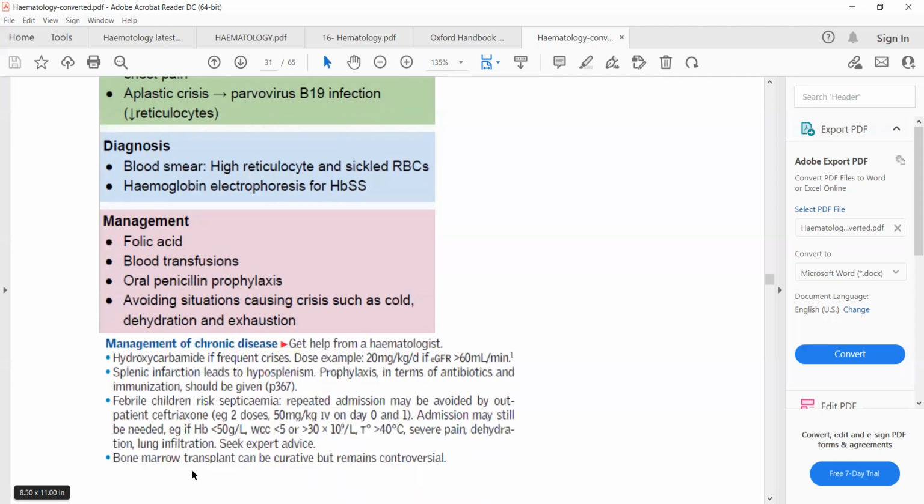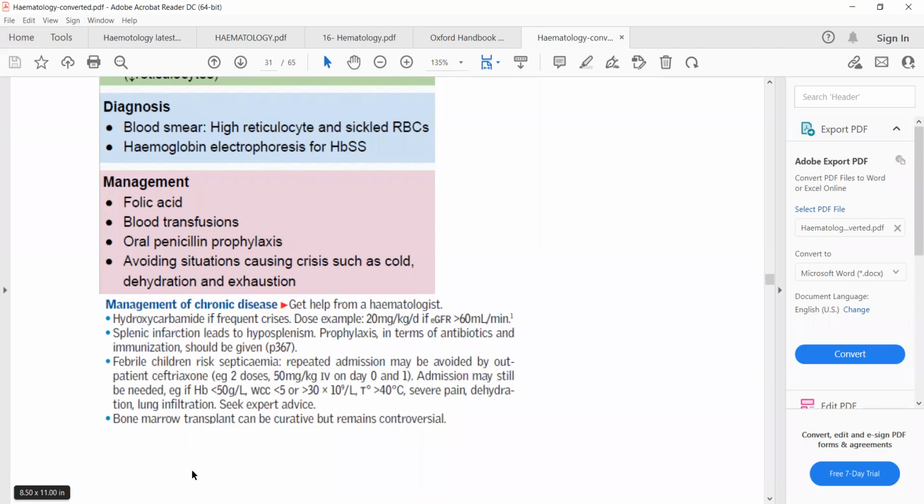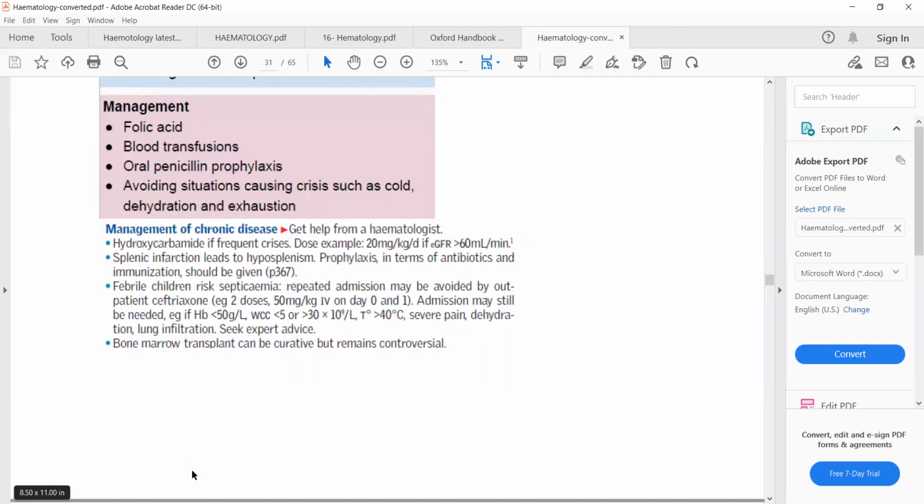Folic acid, blood transfusion, penicillin prophylaxis, and avoiding precipitants such as cold, dehydration, and exhaustion is the management of sickle cell disease. Though not important for the PLAB 1 exam, but for your knowledge, the drug hydroxycarbamide can sometimes be used in the management of sickle cell disease.